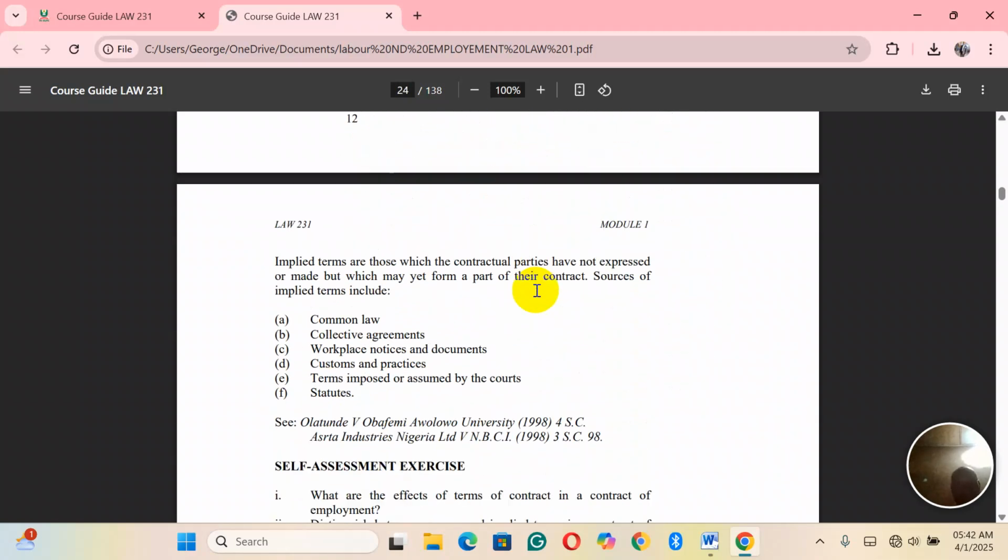And implied terms are those which the contract parties have not expressed but which may yet form part of their contract.